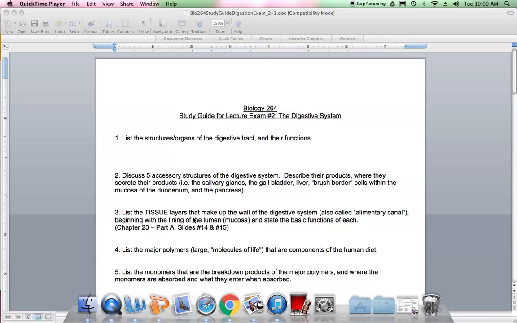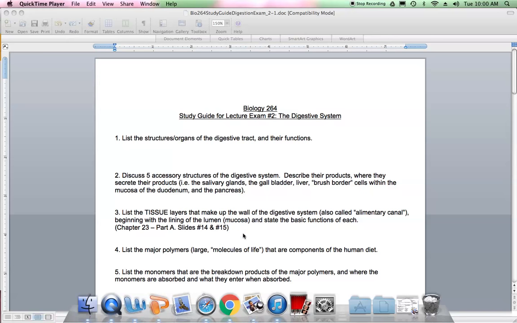Then we get to the tissue layers. So throughout the digestive tract, there are distinct layers. Starting from the inside, from the lumen, the space inside, we have the mucosa.